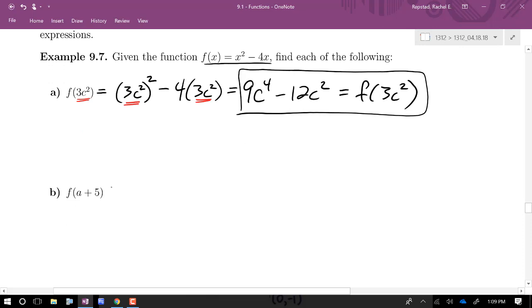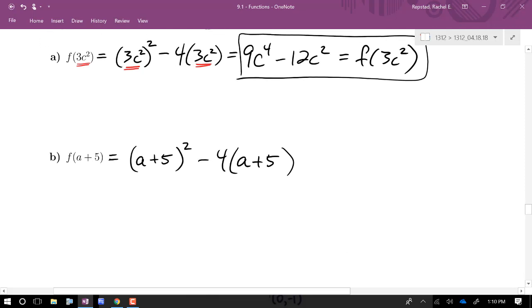If we want to evaluate f of a plus 5, it works the same way. I think of my inputs as a set of empty parentheses, like placeholders for my input. This time we're going to plug in a plus 5 and a plus 5. And again, we get to do algebra, which is our favorite. What's a plus 5 squared?